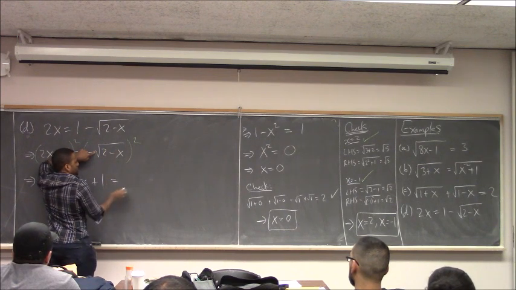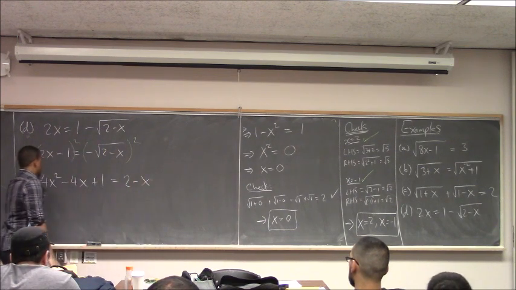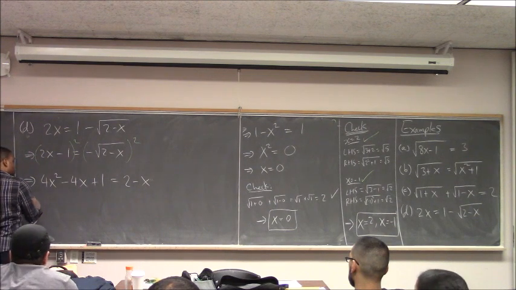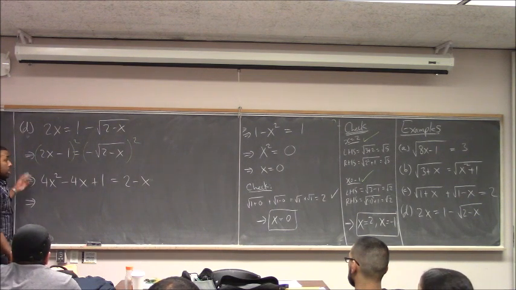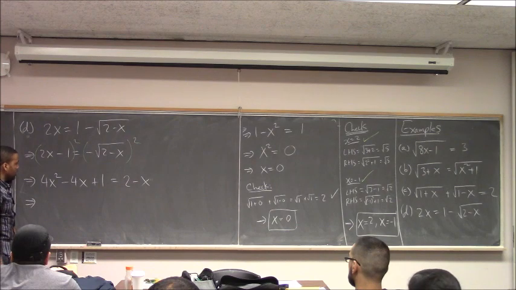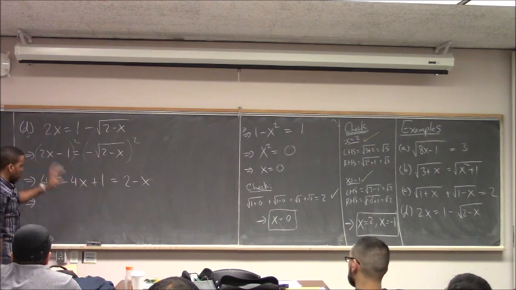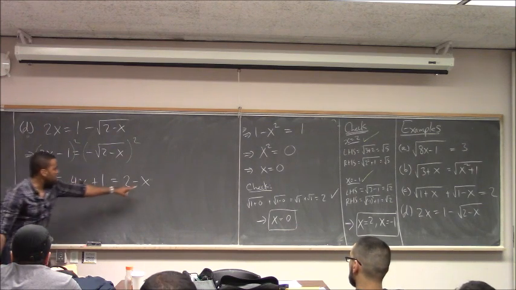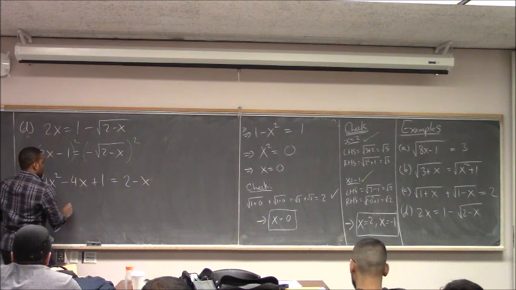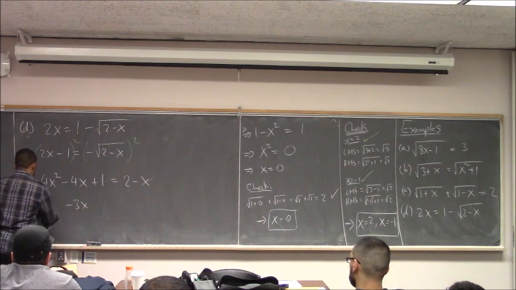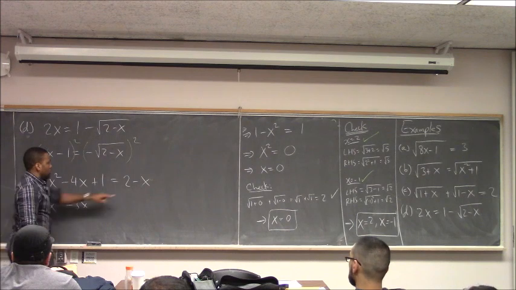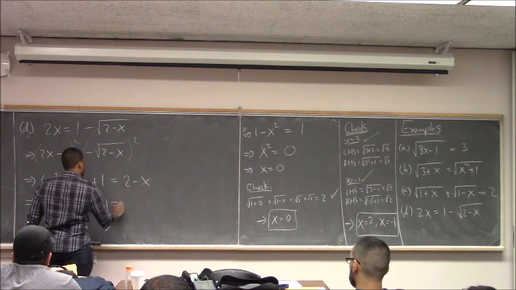And this one is going to be 2 minus x. Okay, so now this is a quadratic. It's just spread out. So we do our rule, move everything to one side. If you move this over, it'll be a minus 3x. Move the 2 over, it's going to be a minus 1.